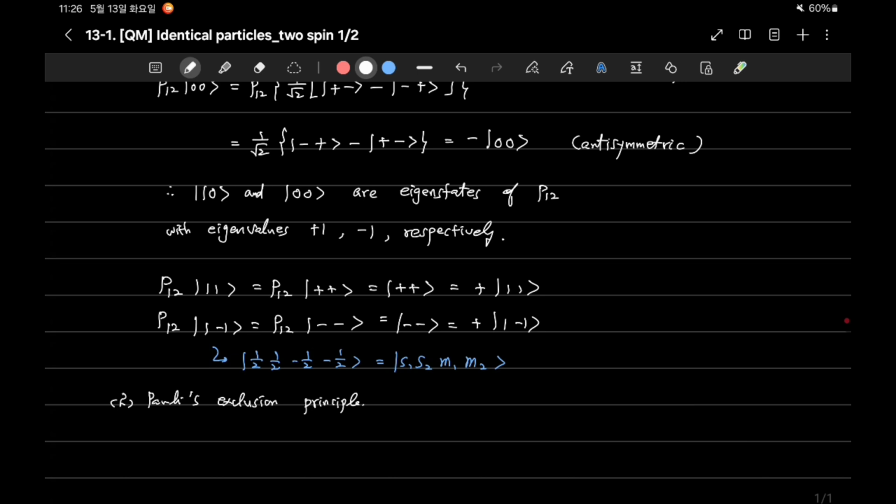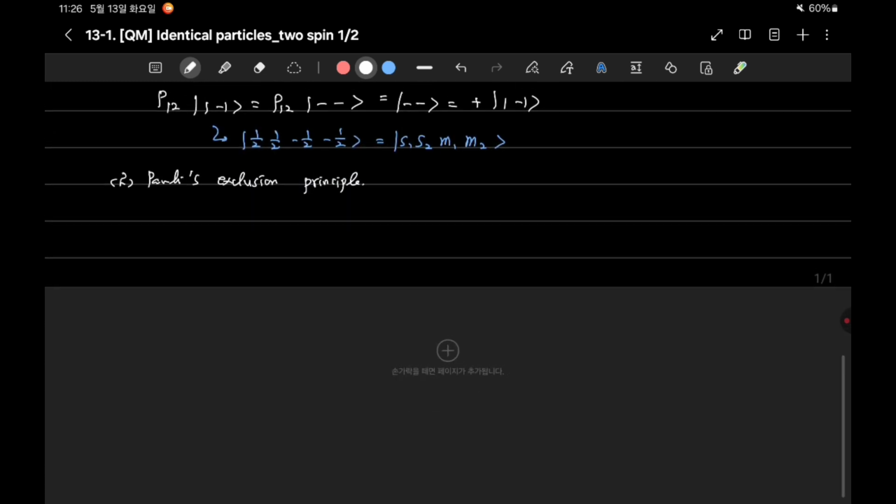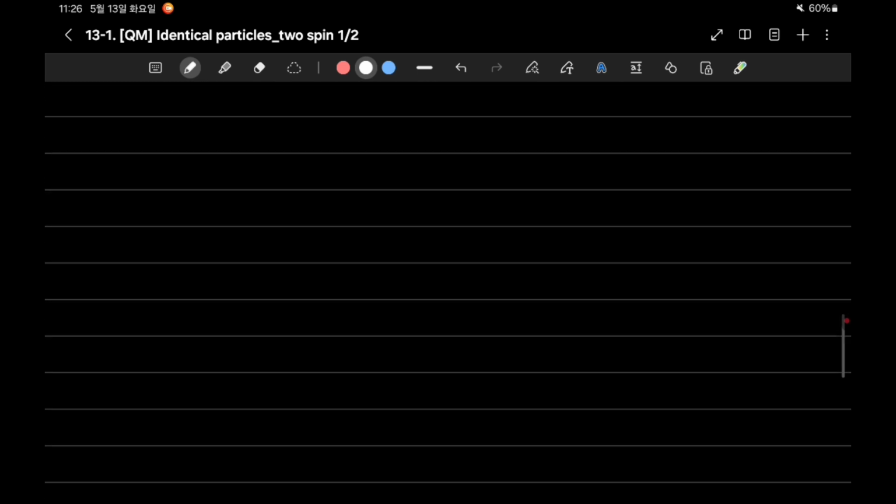But in the fermion case, only one or two particles can reside in the same quantum state by considering spin. And this comes from the exchange operator in the symmetric and antisymmetric case.